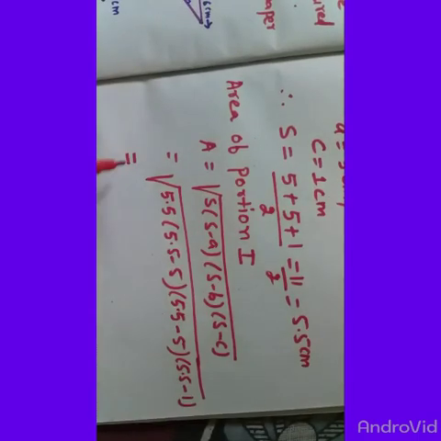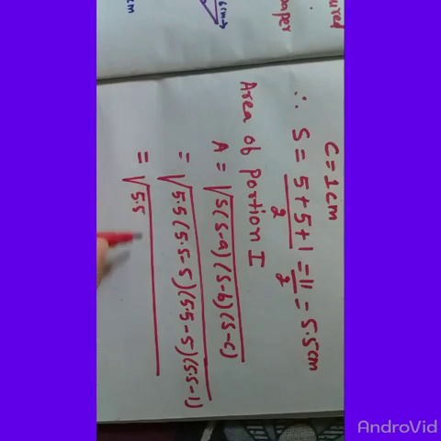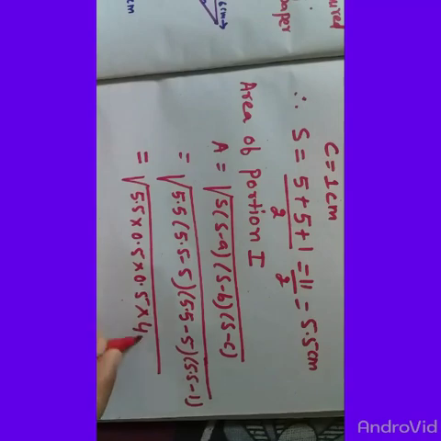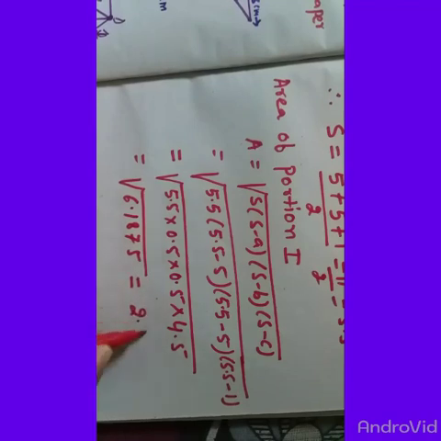After calculating, 5.5 minus 5 becomes 0.5, into 0.5, into 4.5. After calculating, just multiply in the rough, it becomes 6.1875. So the square root of this one is 2.5 centimeter square.